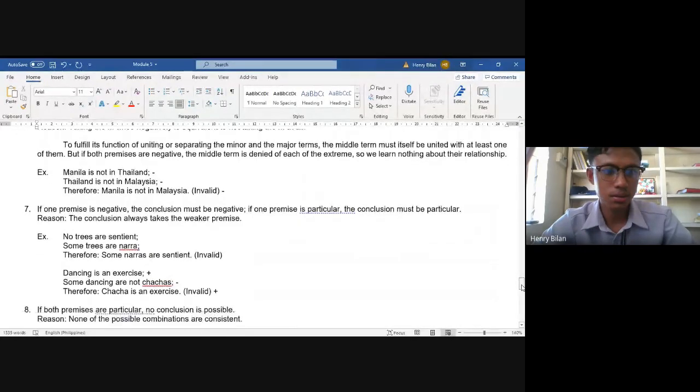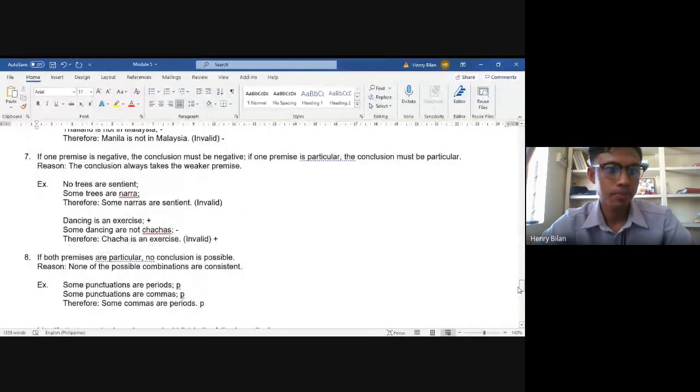And the last, if both premises are particular, no conclusion is possible. So kung parehong particular naman, indicated by some, we cannot deduce a conclusion, a valid conclusion. Kasi dapat ang combination, universal, particular, or universal, universal.